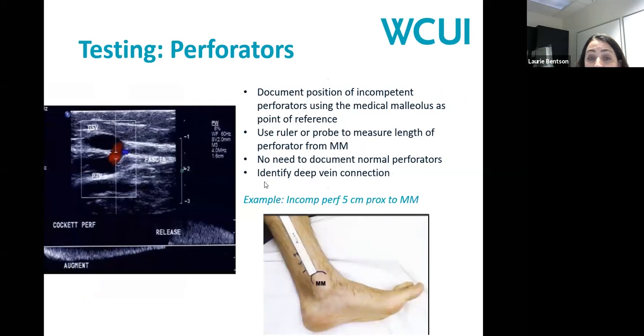We can consider the length of our probe as a measurement tool, use possibly a ruler, or even consider our screen and the depth, and just estimate where that perforator is in relation to the medial malleolus. And on our worksheet or whatever tool you use to document your findings, you would note that incompetent perforator 5 centimeters proximal to medial malleolus.